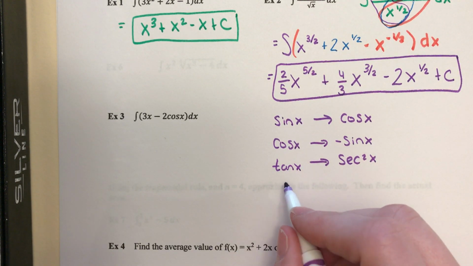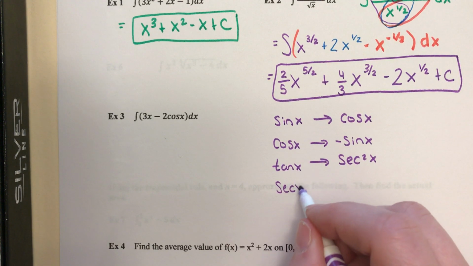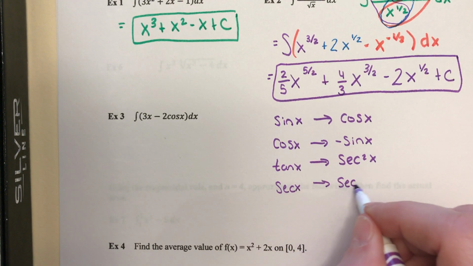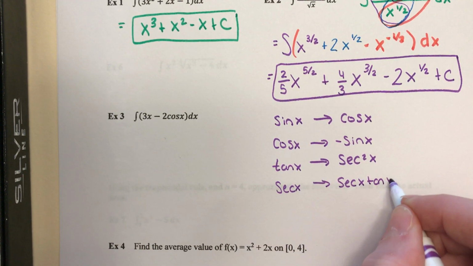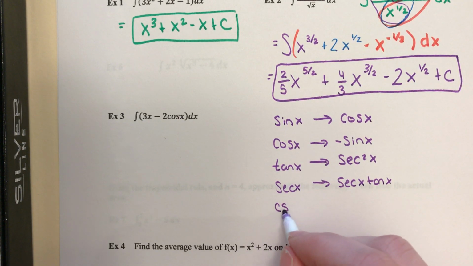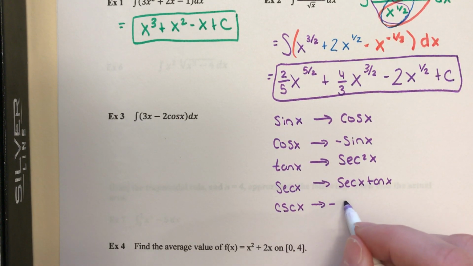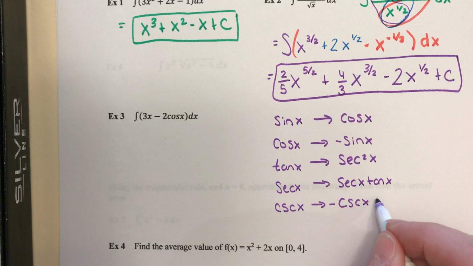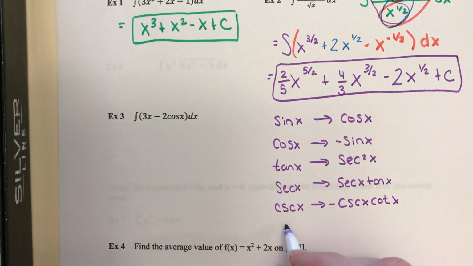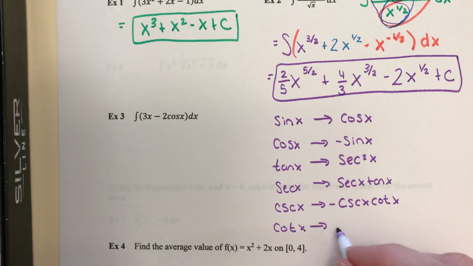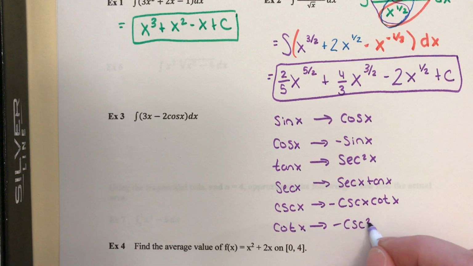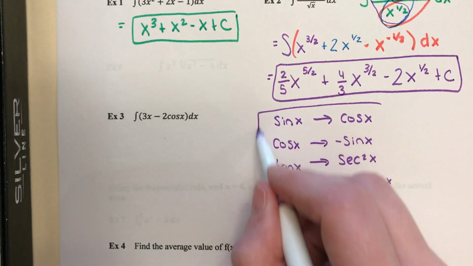Secant is secant tangent. Cosecant is negative cosecant cotangent. And cotangent is negative cosecant squared. So you might want to write those down.